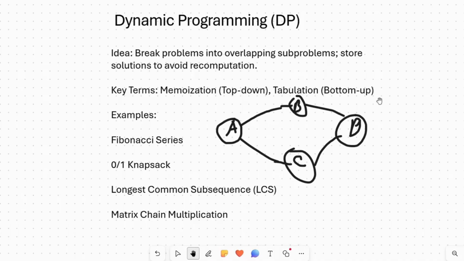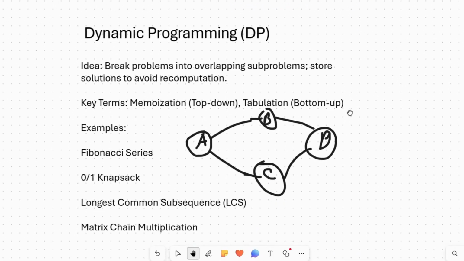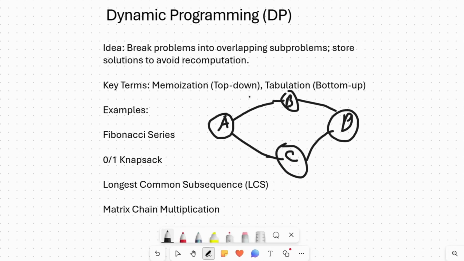Here the values are 2, 8, 4, 3. So dynamic programming basically finds the best solution. It has to test all the possible solutions, then find the optimal one. It tests the first one, which is 2 plus 8, which is 10.